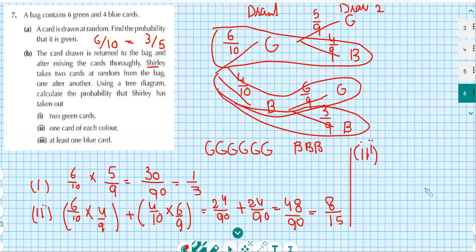You can also find this probability by subtracting the branch left, which is the green green branch. So 1 minus the probability of getting green green. 1 minus 1 over 3. We got the green green probability in part 1. So it will be 2 by 3 in total. Or you can also add their individual probabilities to get this 2 by 3.